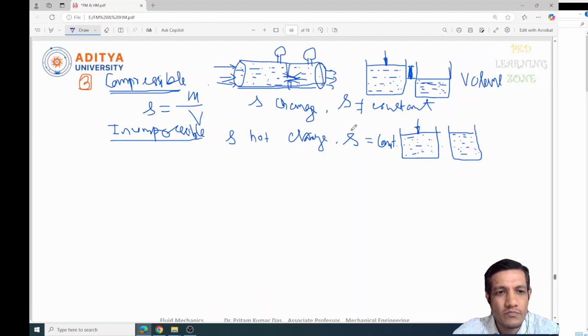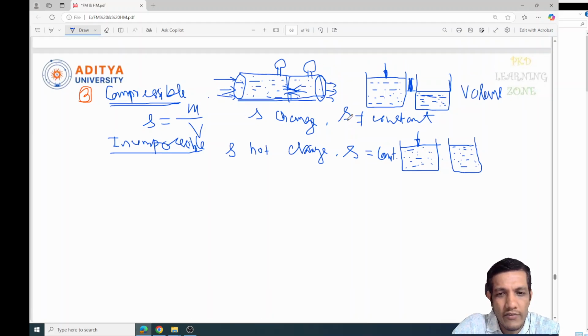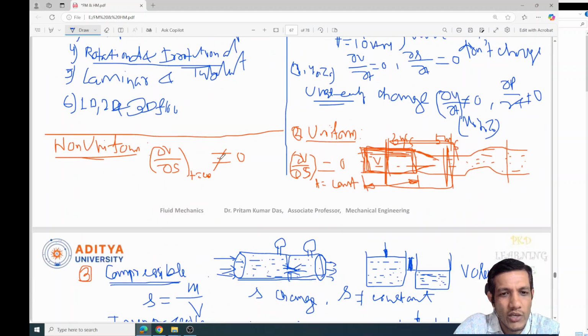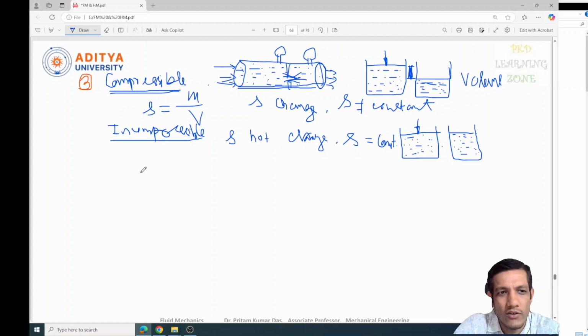Now we'll see the previous list I have written. Fourth one, yeah, rotational and irrotational. Rotational and irrotational is also a simple one. This is a very interesting topic, the types of fluids.